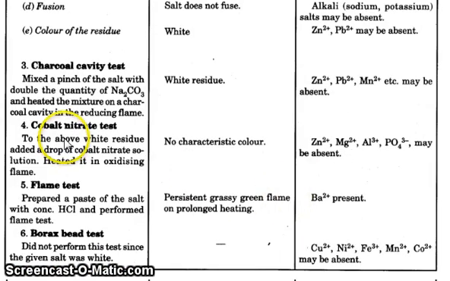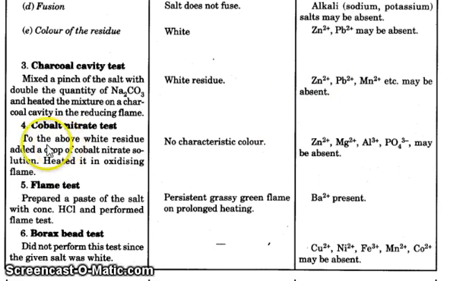Now friends, do the charcoal cavity test. Mixed a pinch of salt with double the quantity of sodium carbonate and heated the mixture on a charcoal cavity in the reducing flame. You will find a white residue. If it is a white residue, then this is your inference: Zn2+, Pb2+, Mn2+ may be absent.